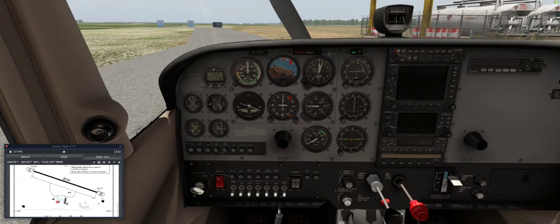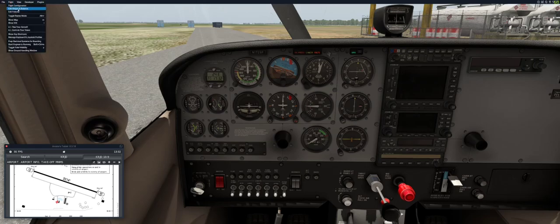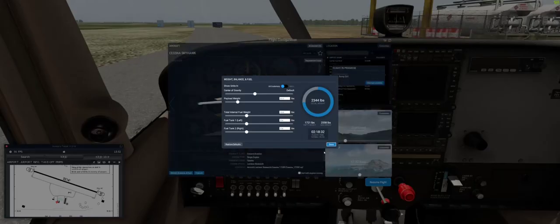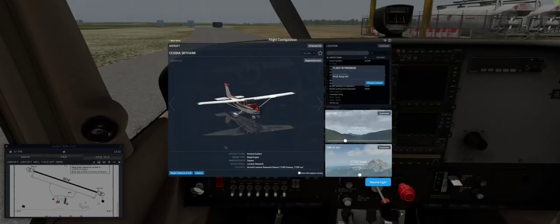We need to get things powered up, so I'll go ahead and start the aircraft here. I think we're going to need fuel. We probably have three hours' worth. Two hours' worth should be more than enough here.